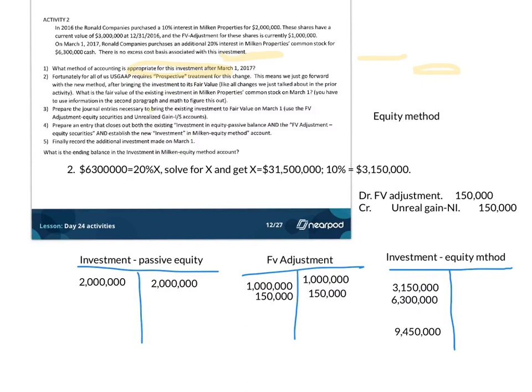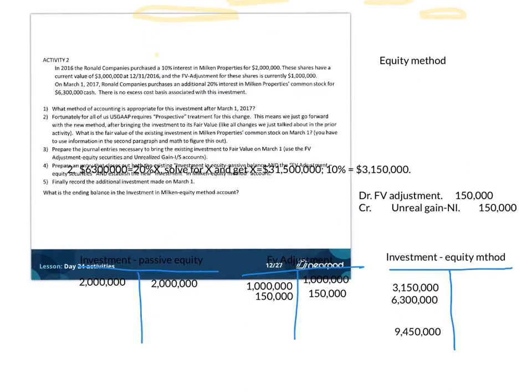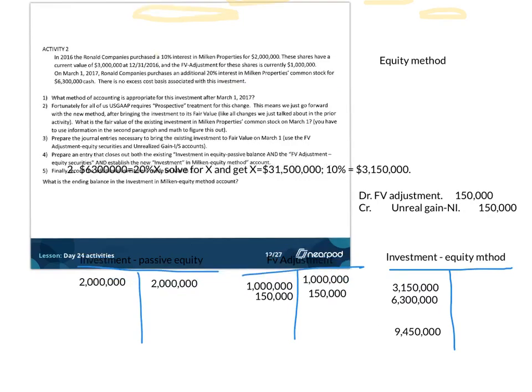And I told you in class, one way that you can confirm whether you did this right is to think about the fact that back at the very beginning of the problem, it's all up there, we had 10%, we bought 20%. So altogether, we should own 30% of this company.